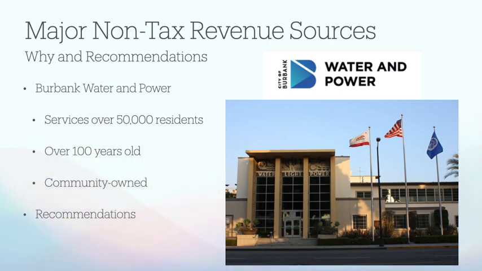In addition, because it is owned by a local city government, any profits essentially go back into improving its own infrastructure. So, for Burbank Water and Power, the recommendation would be to continue operating and to continue utilizing its non-tax revenue source, which is its user charges and user rates, feeding back into its own system.